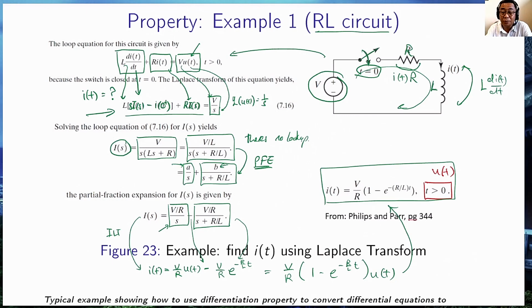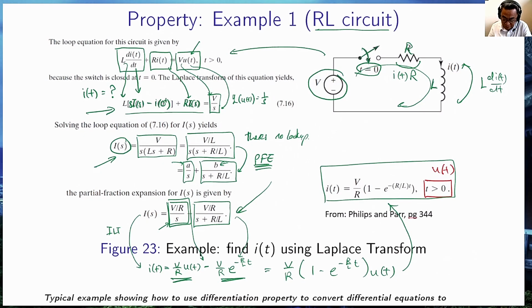We manipulate the algebraic form to get the equations that we want, and then by partial fraction we express the complicated expression as individual little parts that have a lookup table, and we use the lookup table, and voila, that's the answer.